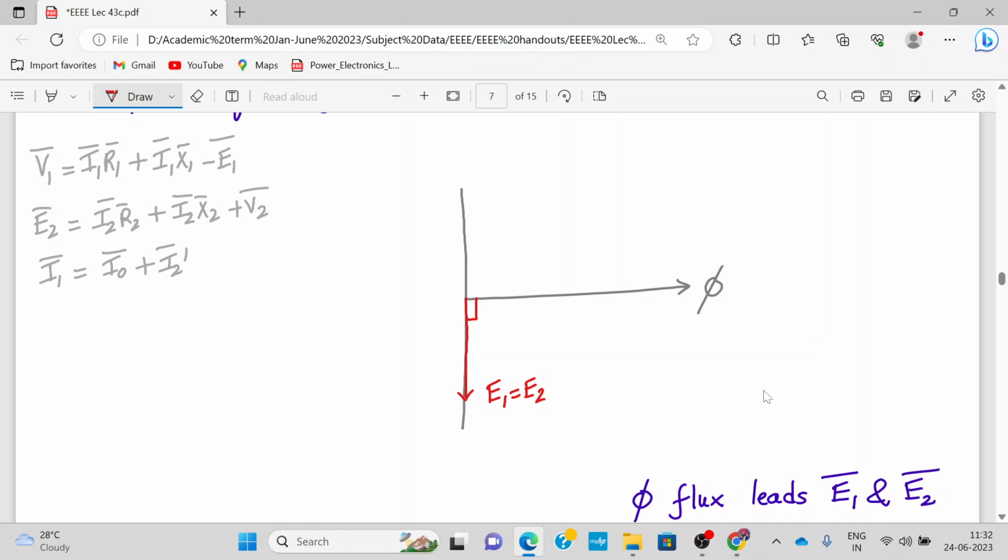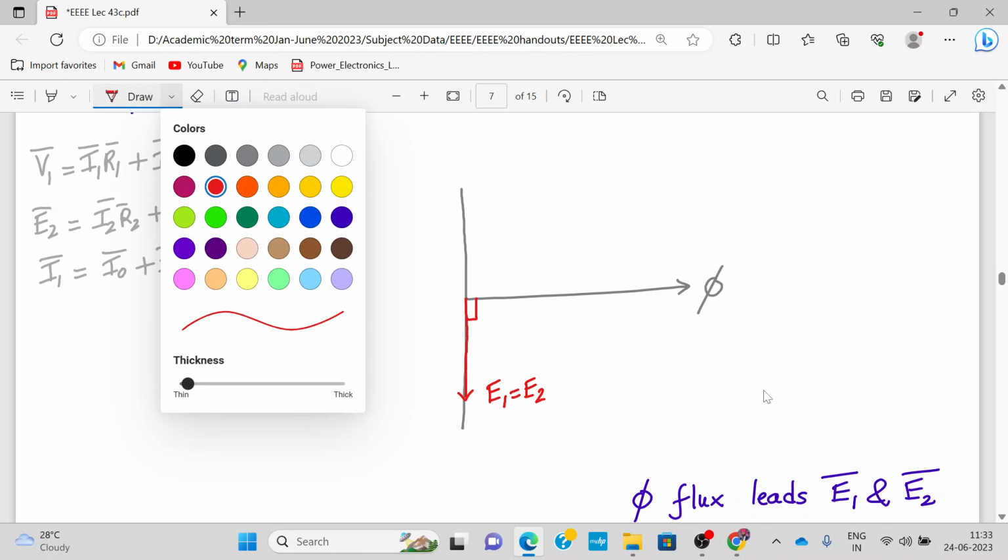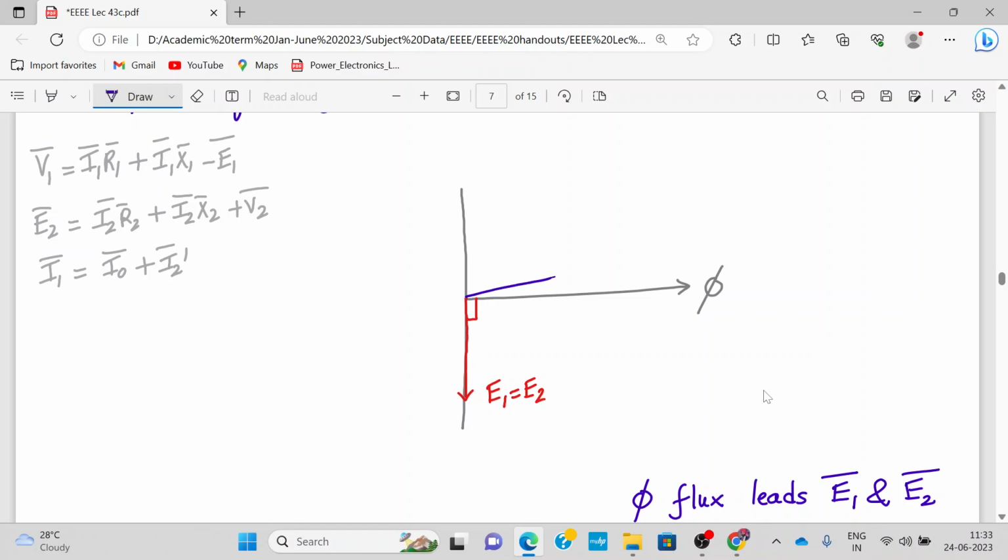Next, we have drawn earlier how I1, I0, and I2 dash are drawn. The same way we have to draw this also. So I0, I'll draw it like this. I0 bar, and then I2. Where will I2 come?